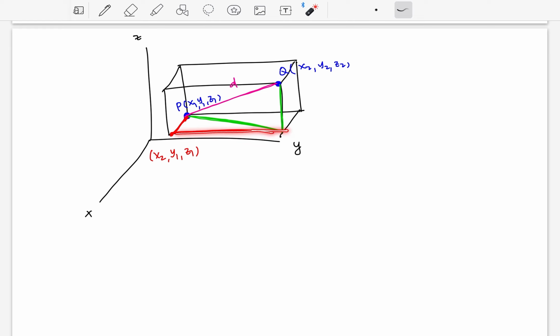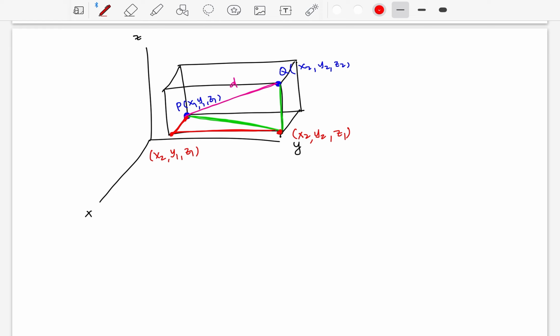But z is at the same level in the z direction, and then x is the same. So the only thing changing here is the value of, so this point over here is the point x2, right? Because it's in the front, so this is x2, and then y2, because it changed from y1 to y2, and then it's z1 because it's on the floor.